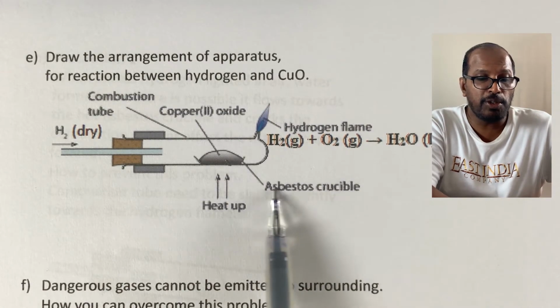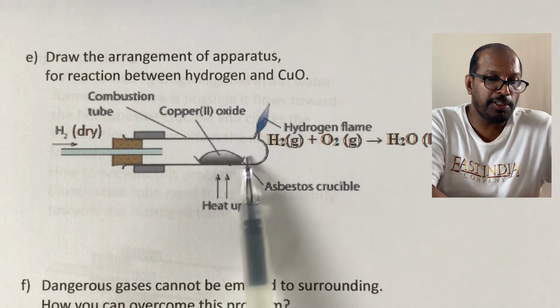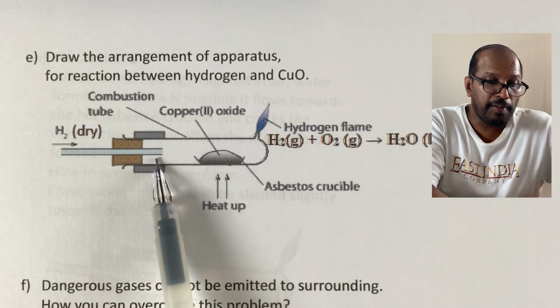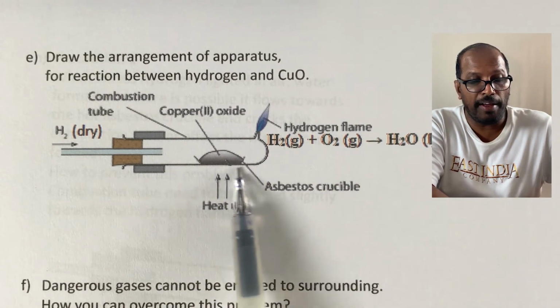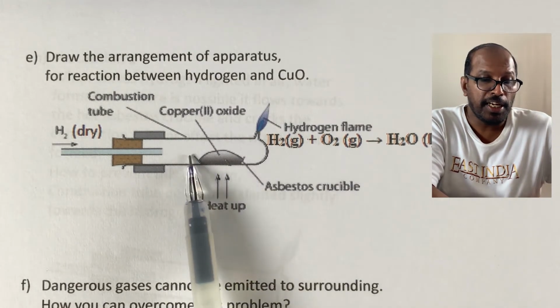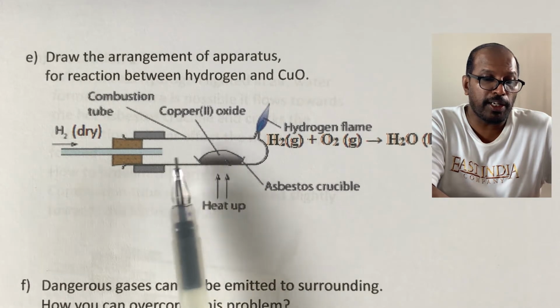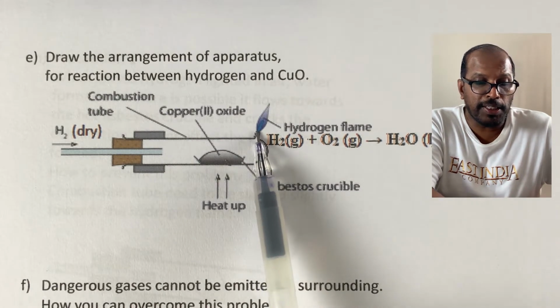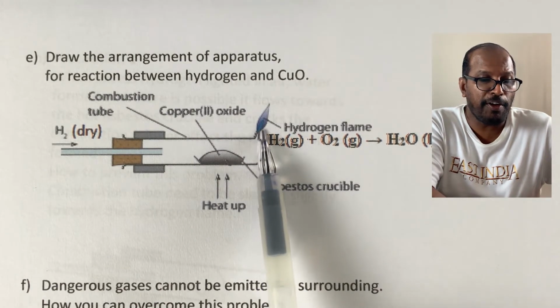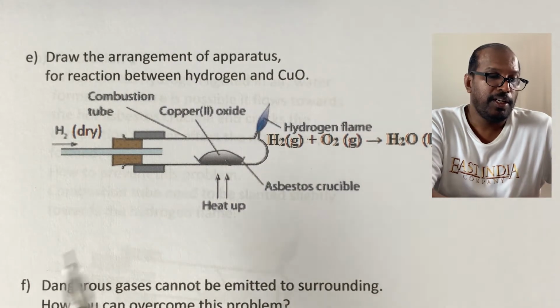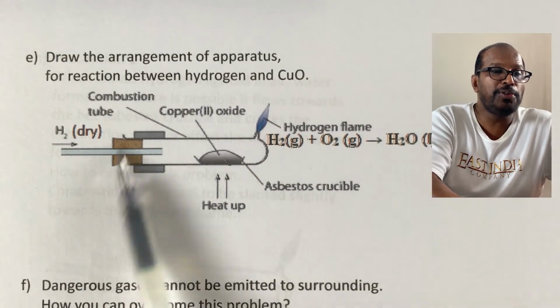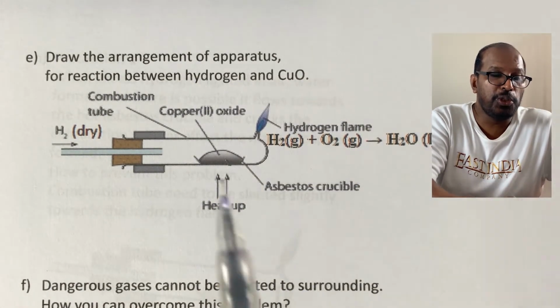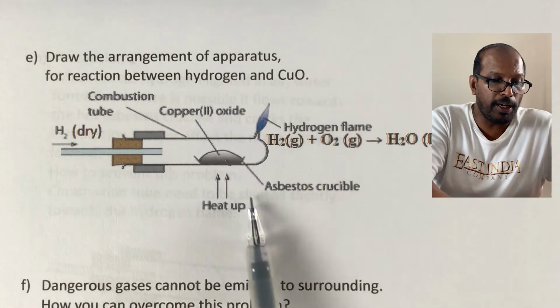This is to prevent the copper oxide from sticking to the test tube after the experiment. The end of this test tube must have a hole for the excess hydrogen to be burnt. So this is the diagram that we use to do the reduction reaction for copper oxide.